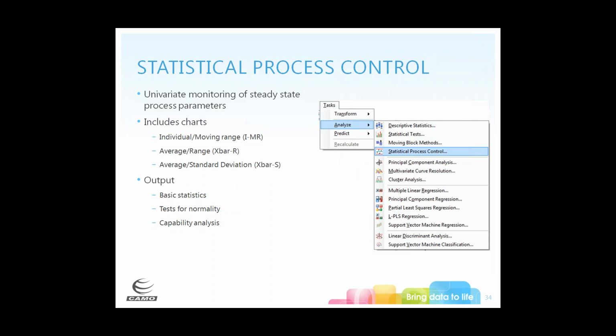Steady state, I'm not sure if it's the correct wording, but what I mean is that they are supposed to be controlled at a specific level in the process. So there would be purely random fluctuations over the course of the period when you monitor the process.